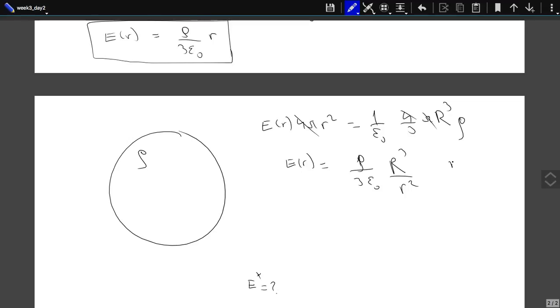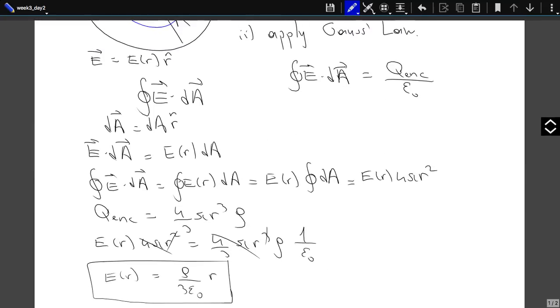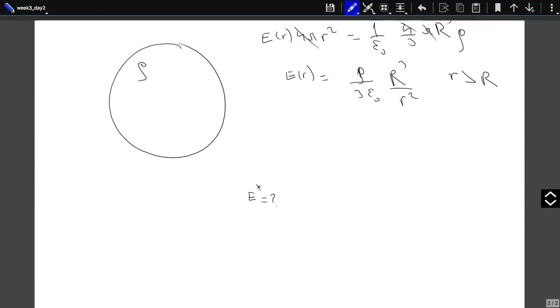So we have these two regions. This is valid if r is larger than capital R, we are out of our sphere. And this is valid if r is inside my sphere. So I can just combine my results. E of r, the magnitude of the electric field, is equal to rho over 3 epsilon 0 times r, if r is inside my sphere, and rho over 3 epsilon 0 times R cubed over r squared if r is larger, outside my sphere.